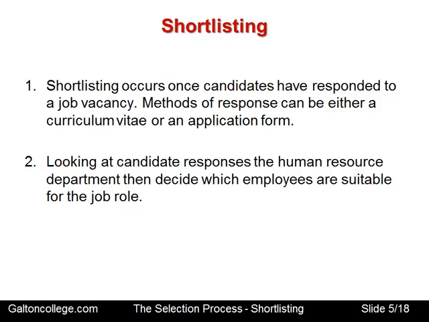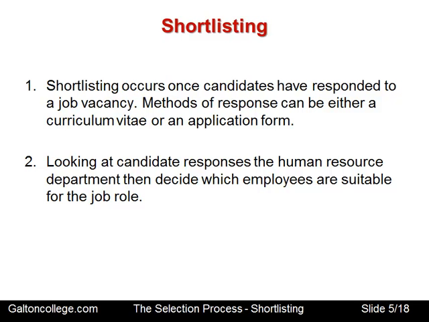The HR people will have some sort of job specification. They'll understand what's required, and they will want to recruit personnel that meet their requirements. It's the most efficient way of proceeding. It'll be less costly if it goes wrong. So it's important to pick up the right people at the start.